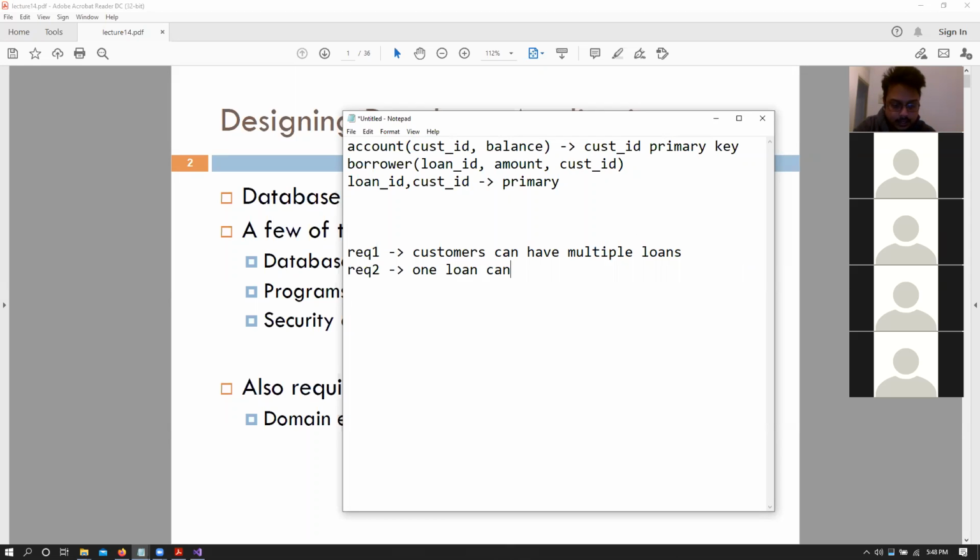So basically multiple customers cannot share a particular loan. So now this particular representation does not make sense, right? This particular representation allowed for both of those things: customers can have multiple loans and multiple customers can have a single loan, right? Now let's say that we want to have this criteria.